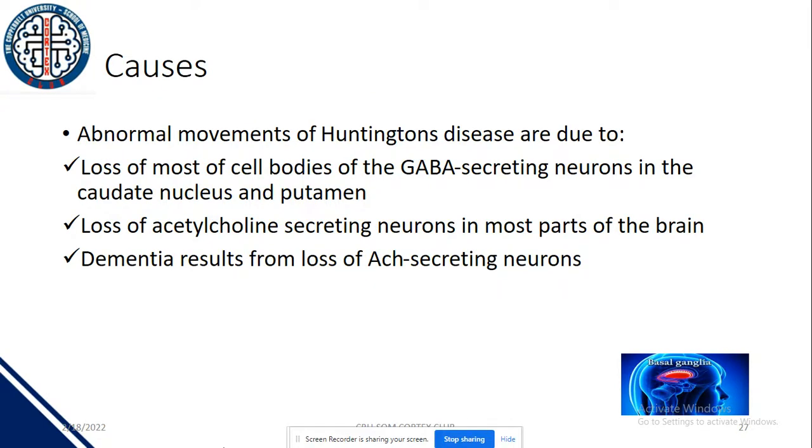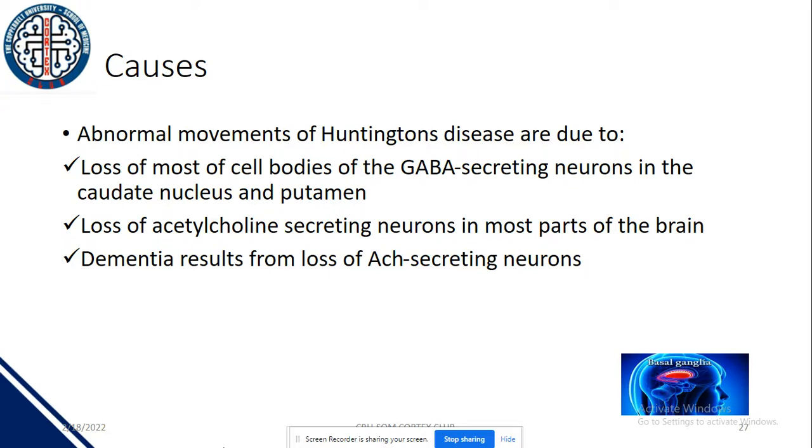So you can go to the next. Okay, so what are some of the causes of Huntington disease? Some of the causes include loss of most cell bodies of the GABA secreting neurons in the caudate nucleus and the putamen.